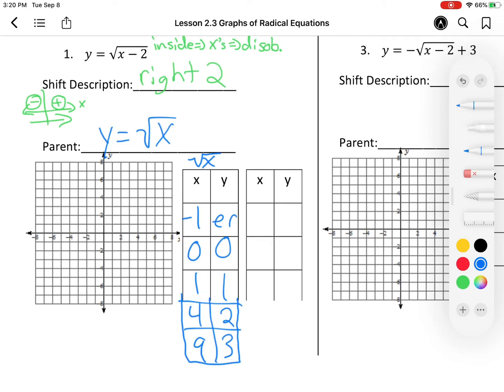Do not look at the actual equation. It will mess you up. So first thing I want to do is determine, is it affecting my x's or is it affecting my y's? It's only affecting my x's because it's on the inside. So all of my y's are going to stay the same.